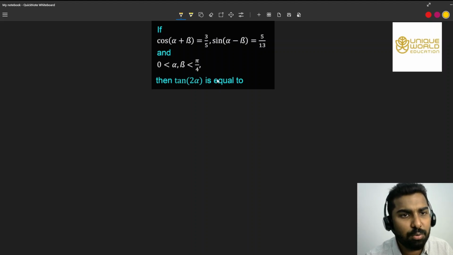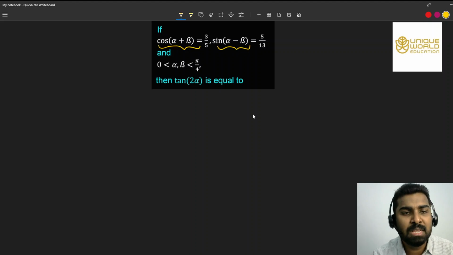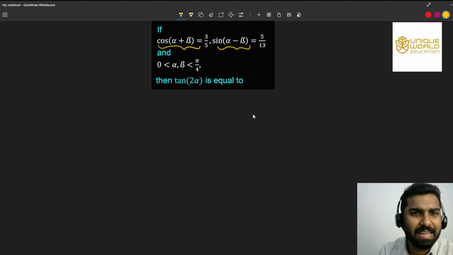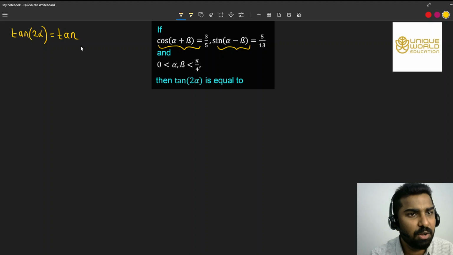Here, how am I finding this tan 2 alpha, by giving these two things, cos of alpha plus beta and sine of alpha minus beta? You have to think how tan 2 alpha can be written by the given expressions. Here I can write tan 2 alpha equal to tan of, observe the angles here, alpha plus beta and alpha minus beta.